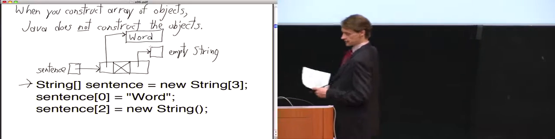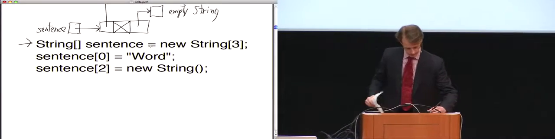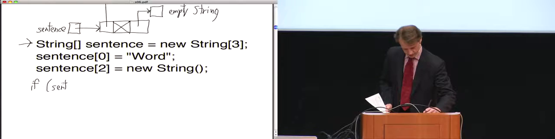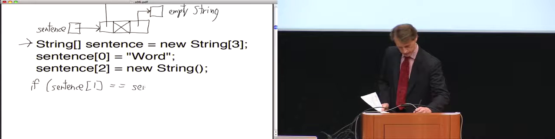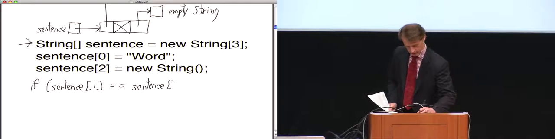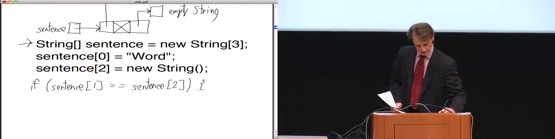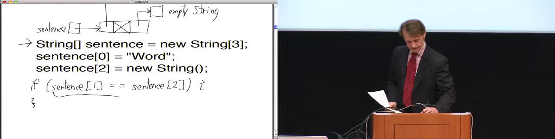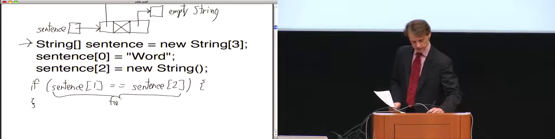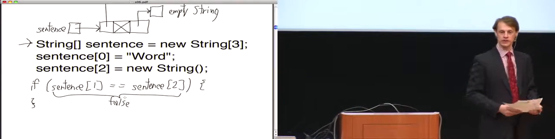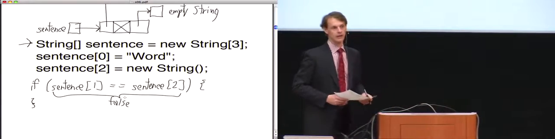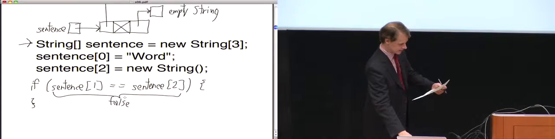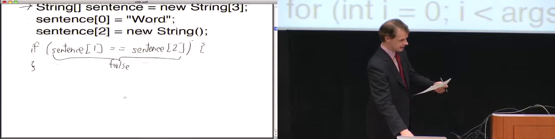If I now say if sentence 1 equals sentence 2, then this compiles and runs fine, and this equal statement evaluates to false because null is not equal to a reference to another object. So it does what it's supposed to. I'm going to move on. Sorry, got lots of stuff to get through today.